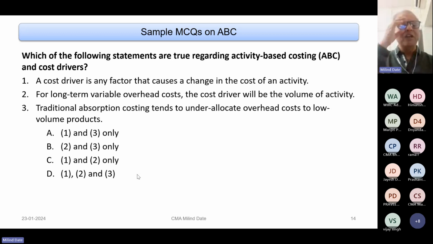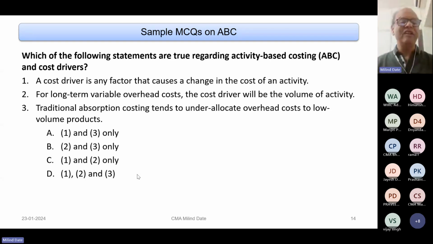So the first: a cost driver is any factor that causes change in the cost of an activity. A driver is going to cause a change in the activity. That means the driver is going to influence or affect the costs. That's what the first sentence says.